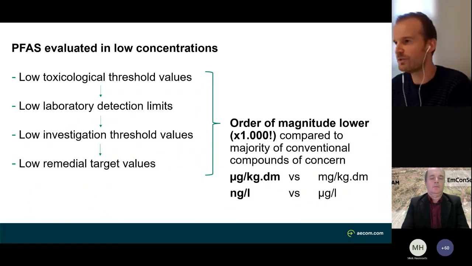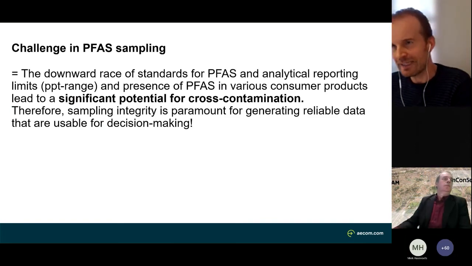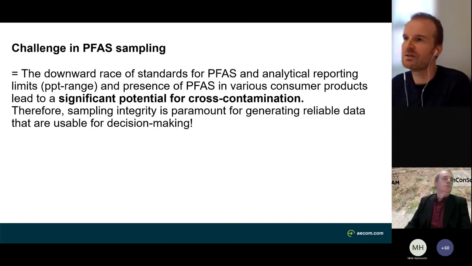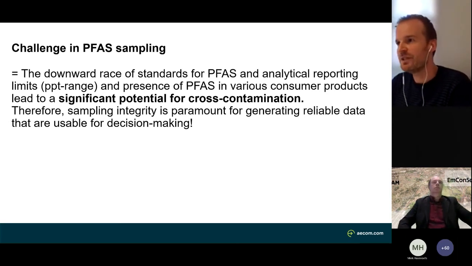So we are measuring these in micrograms per kilogram and nanograms per kilogram, and that's very important to know, of course. So the main challenge in PFAS sampling is indeed the downward trend of standards for PFAS and their analytical reporting limits. So we are measuring and evaluating PFAS in the ppt range, and the presence of PFAS in various consumer products.